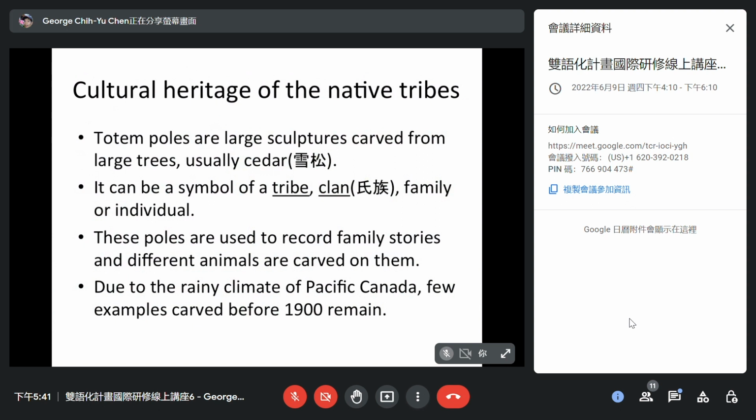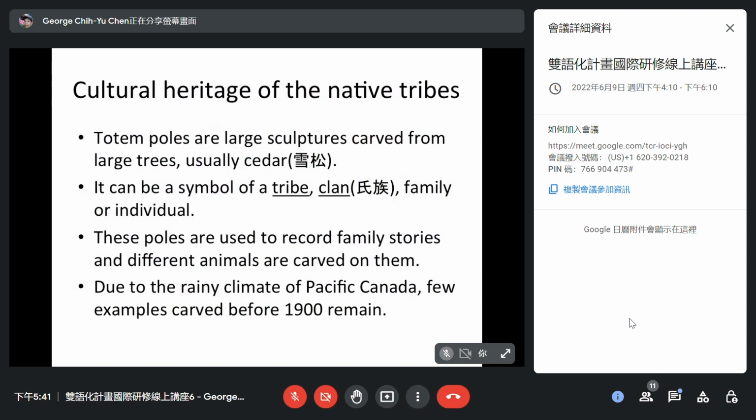When he said record family stories, that reminds me of what we said earlier, the Azerbaijani rugs. They also use them as a way to record family stories. Due to the rainy climate of Pacific Canada, few examples carved before 1900 remain.